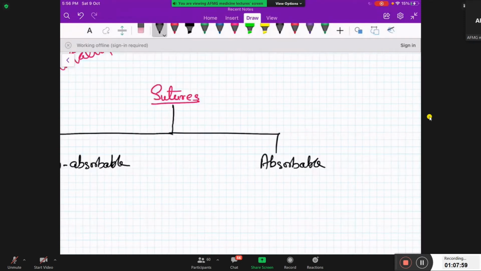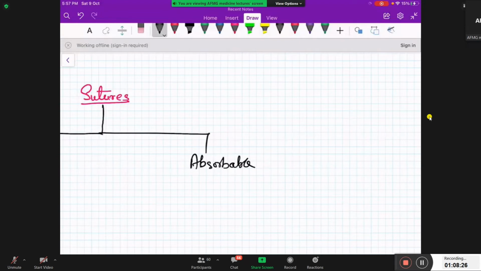Sutures are divided into non-absorbable and absorbable sutures. As the name suggests, absorbable sutures are going to get absorbed. And how do they get absorbed?